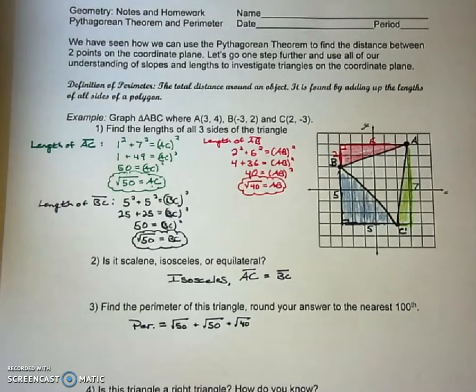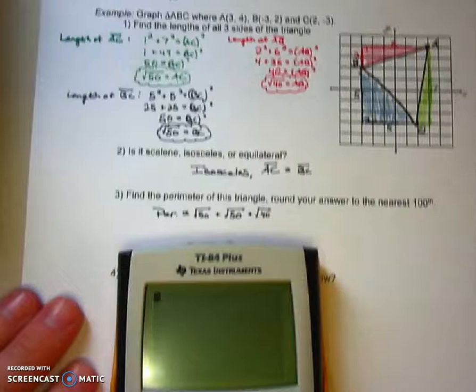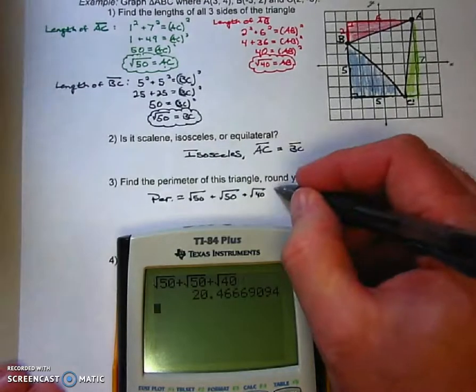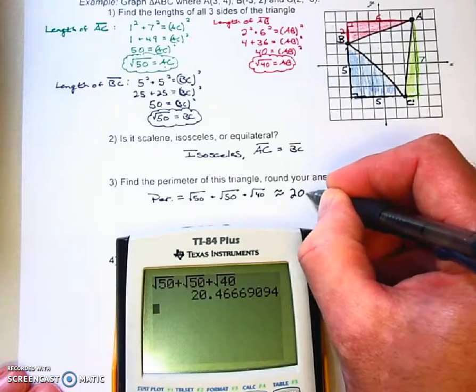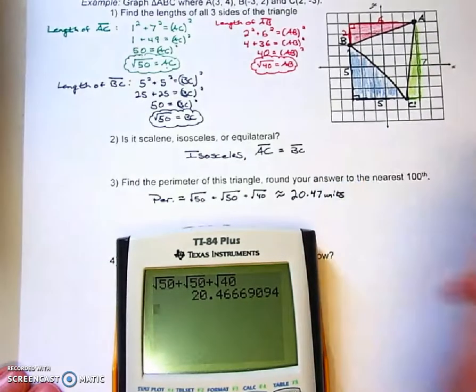In my calculator, I'm going to type the square root of 50, arrow out, plus the square root of 50 again, arrow out, plus the square root of 40. And that says that the perimeter is about, so I'll make these wavy equals, 20.47 units. Not units squared, it's not area, it's just units.